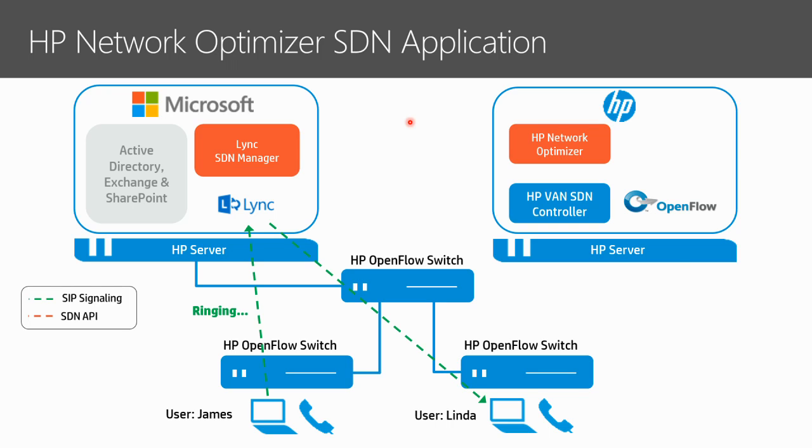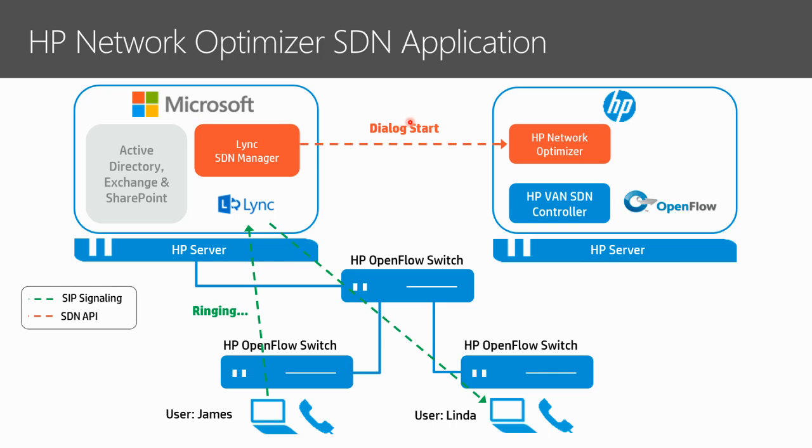So the first thing that happens, the users, James and Linda, place a call. They want to start talking. And this triggers the Lync front-end servers to communicate with the Lync dialog listener, which communicates with the Lync SDN manager. And then the Lync SDN manager communicates with Network Optimizer.